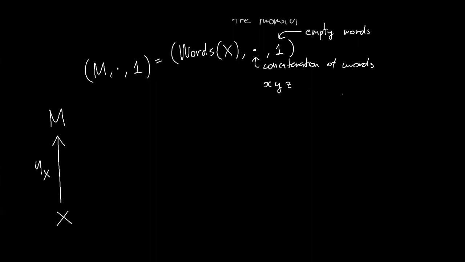So this idea that words is a kind of free monoid over X can be expressed as a property of this object, of this monoid, relative to the forgetful functor.